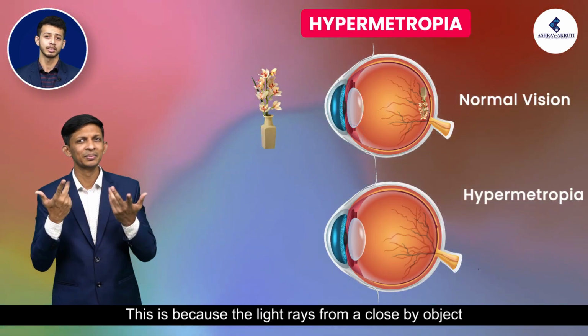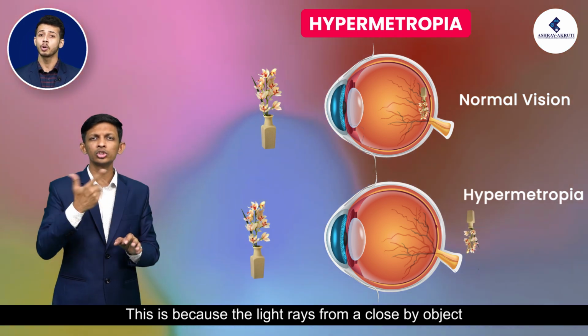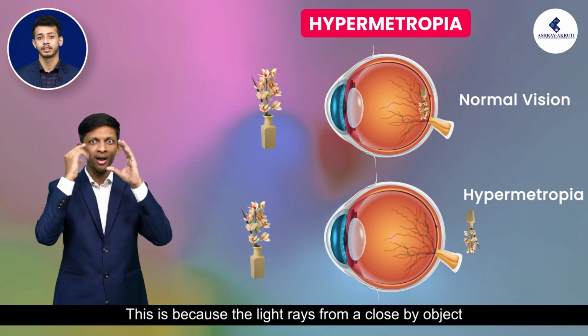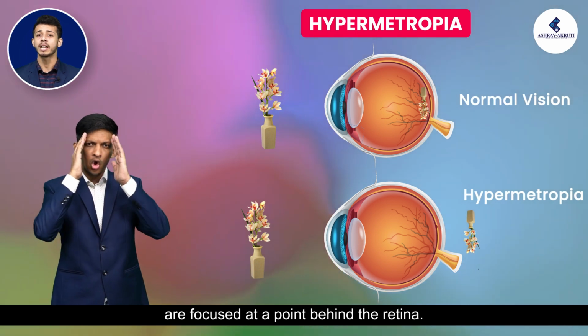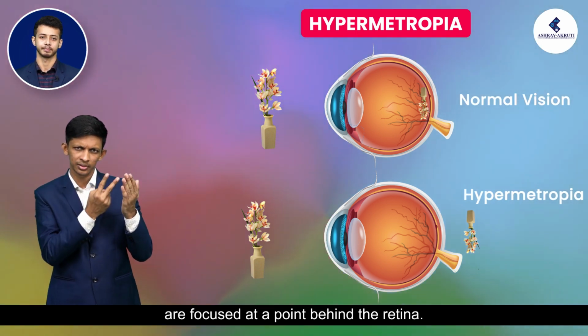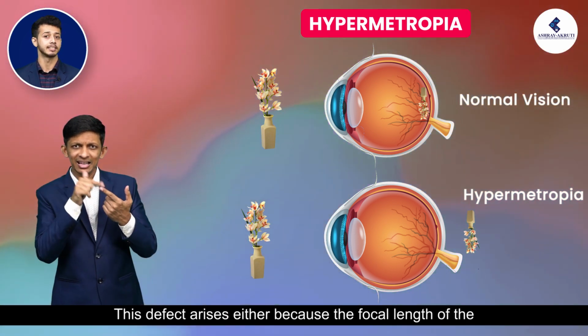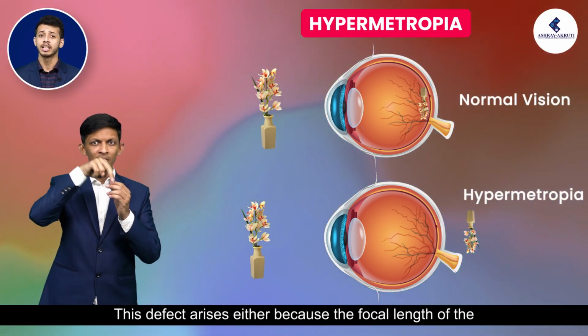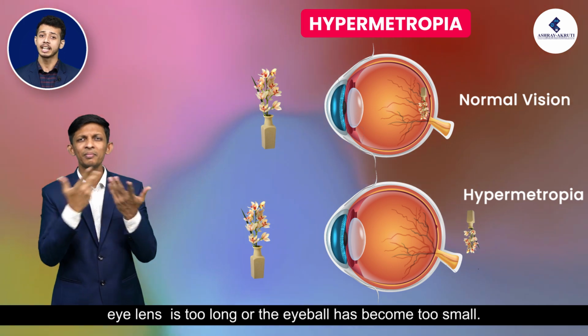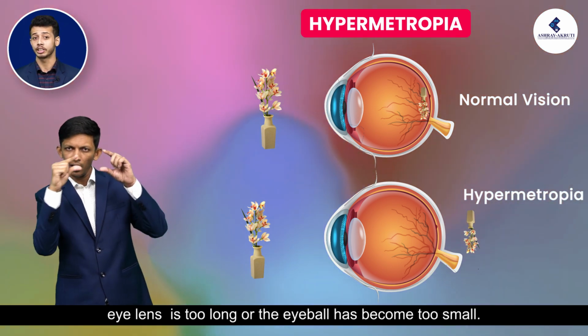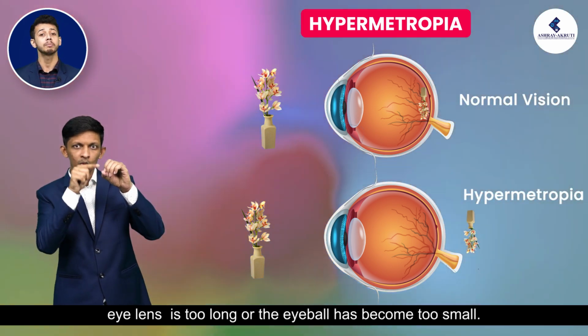This is because the light rays from a close by object are focused at a point behind the retina. This defect arises either because the focal length of the eye lens is too long or the eyeball has become too small.